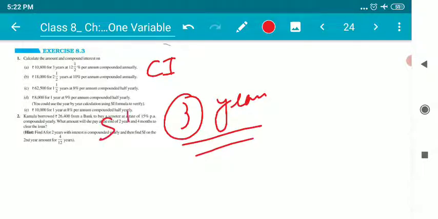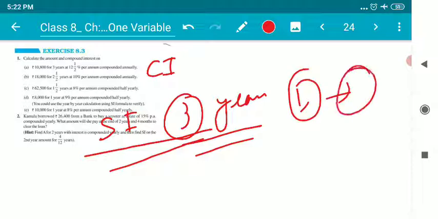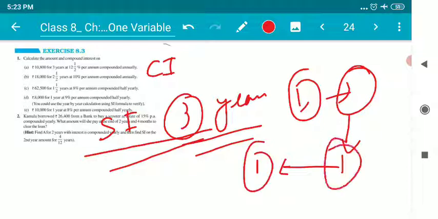But when I'm talking about compound interest, I'm paying the interest year-wise, 1 year, 1 year, 1 year, or 6 months, 6 months, or 4 months, 4 months, depending on the time. For 1 year how much interest I'm paying on that amount, again for 1 year interest. In this way it gets calculated when we talk about compound interest.